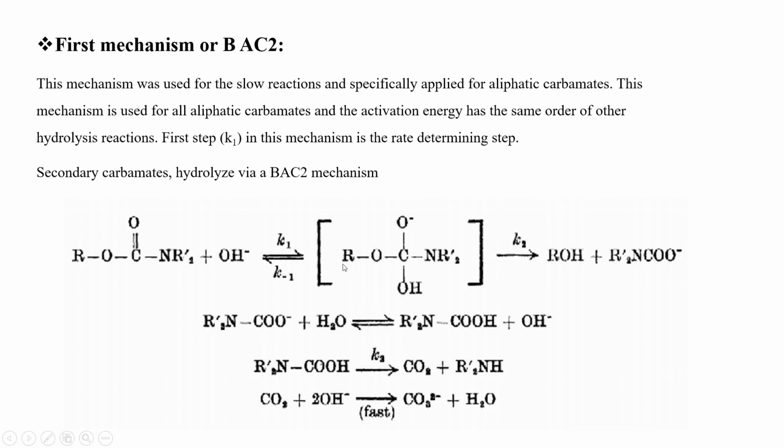After that the tetrahedral intermediate forms, and after that the leaving group, an alkoxide, leaves the intermediate, and alcohol is formed.